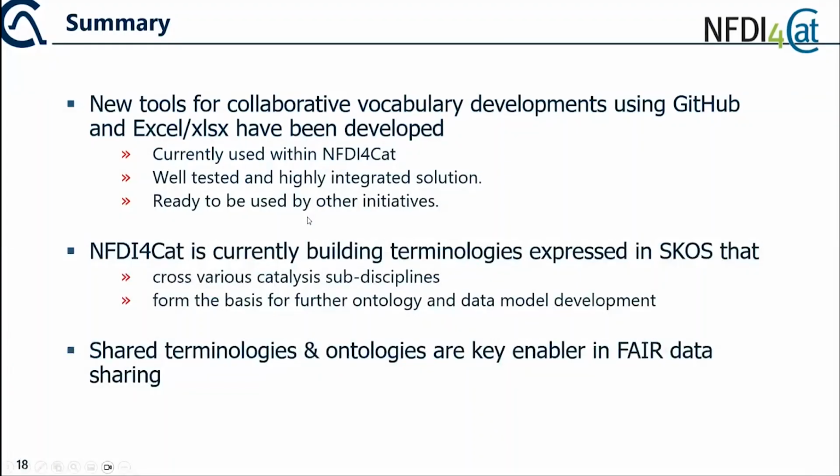Okay, so just let me summarize. We have developed some new tools to help with collaborative vocabulary development using GitHub and Excel spreadsheets, XLSX. We are currently using it in NFDI4CUT, and for the last month it's really been working well. There were no big issues anymore. And the solution is highly integrated.